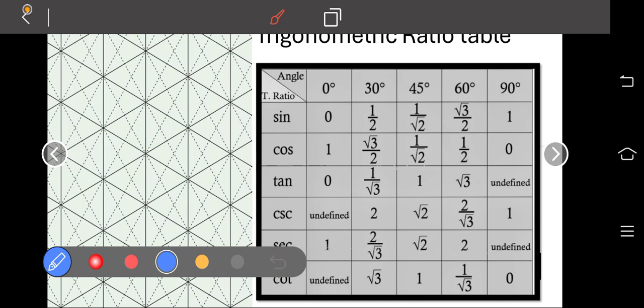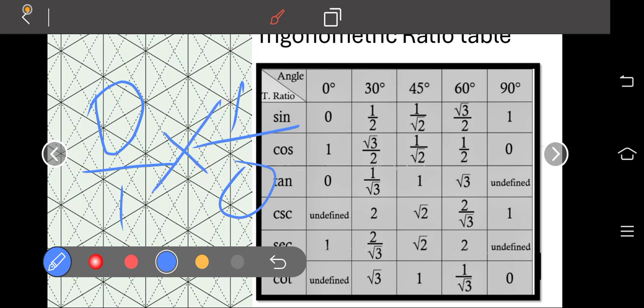So for sine 0 the value is 0. If anything is not there, you can take it upon 1, right? So it's reciprocal for cosecant. For cosecant, it will be like 1 by 0. Whatever the values you get, the reciprocal of it is the value of cosecant.